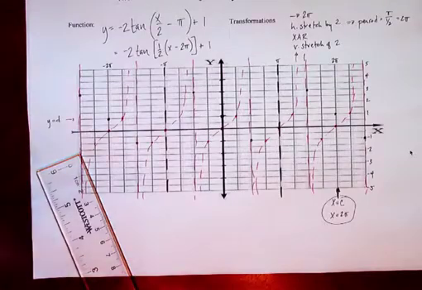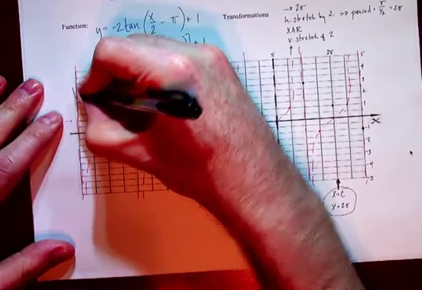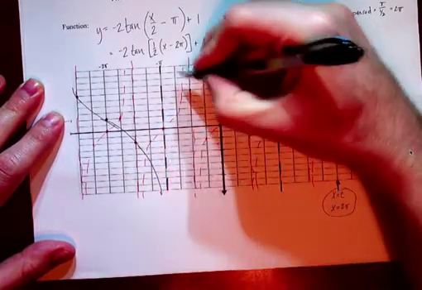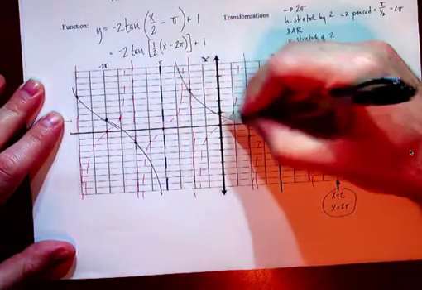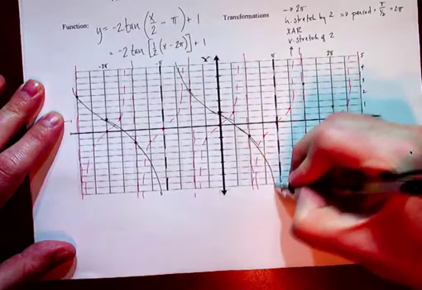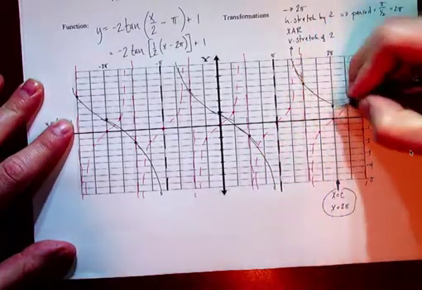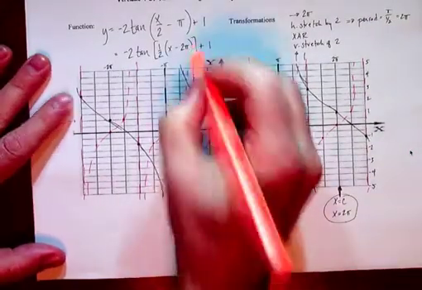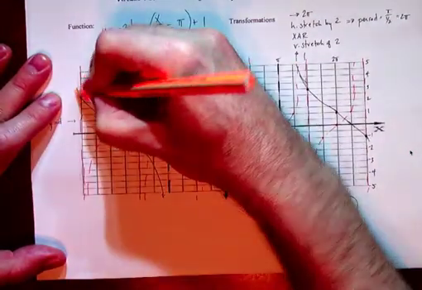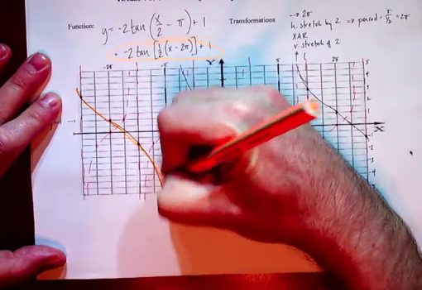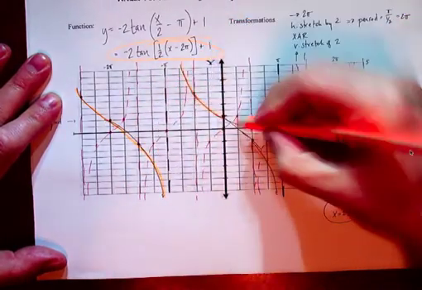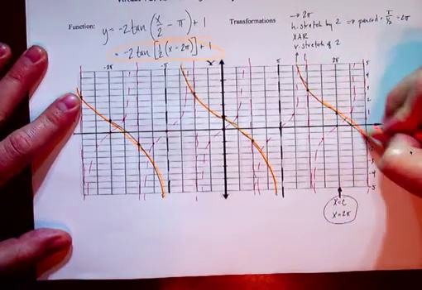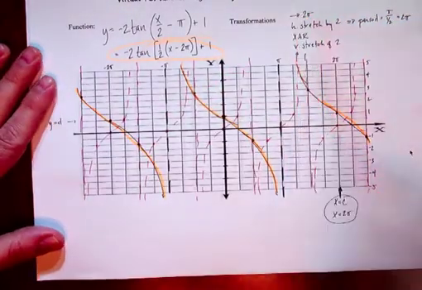And so we're just going to, okay. And that is what our transformed graph looks like. And we ought to be able to visualize it when we go back and look at our original.